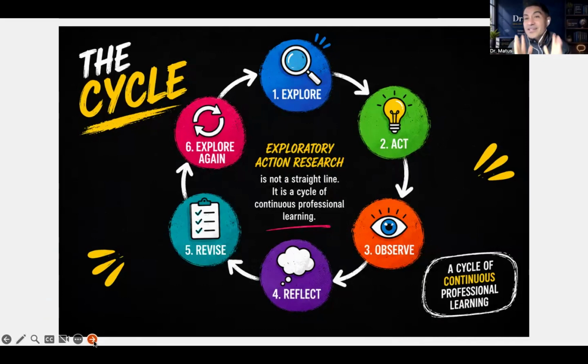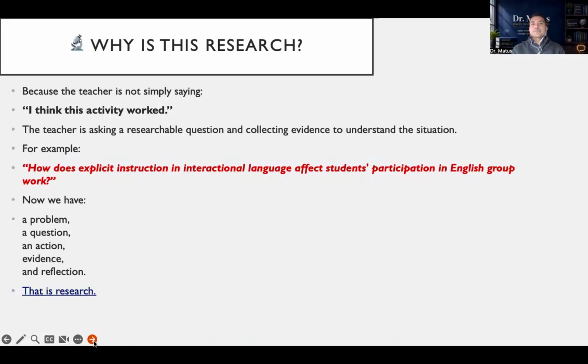Remember, the key idea behind exploratory action research is that you, watching this video, an EFL teacher, can become a researcher by collecting data from your own classroom setting. Why is this research? Because the teacher is not saying, I think this activity worked.